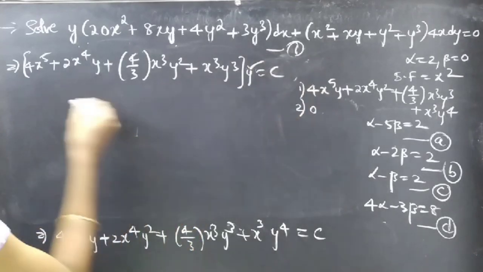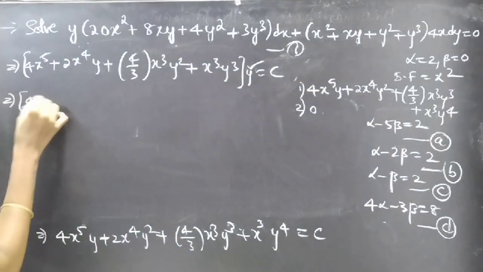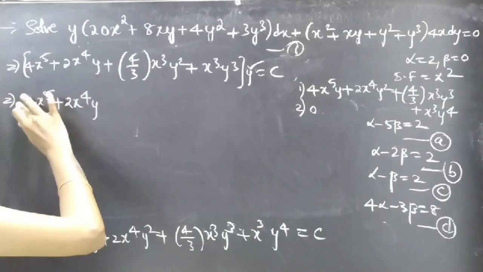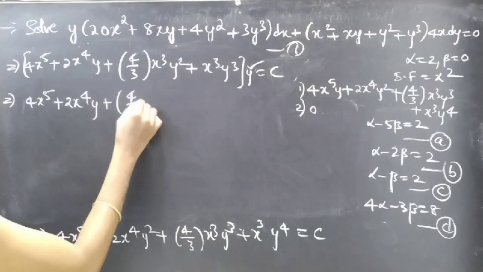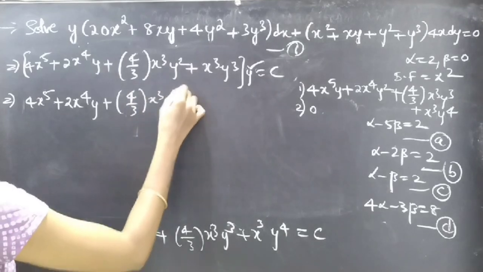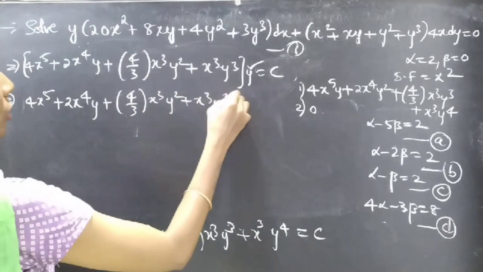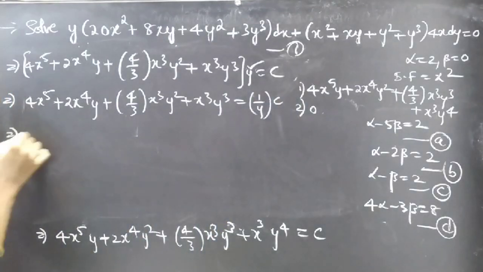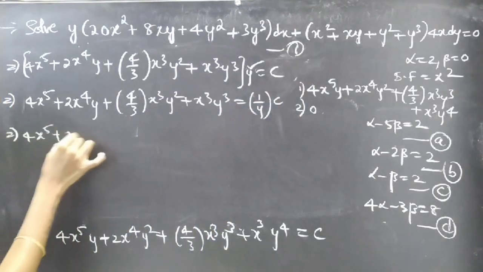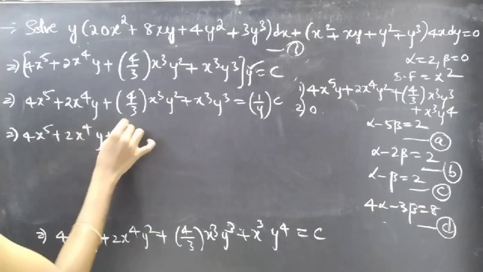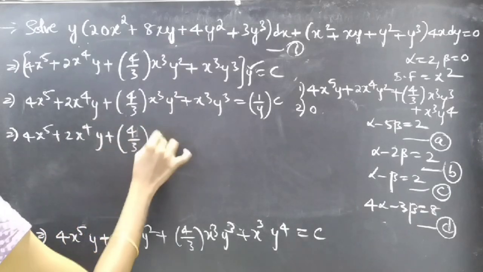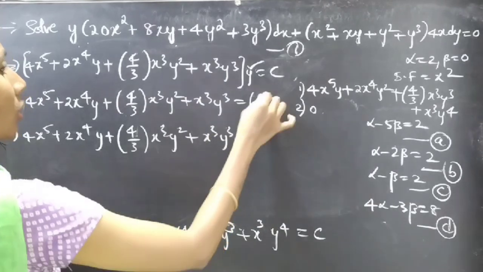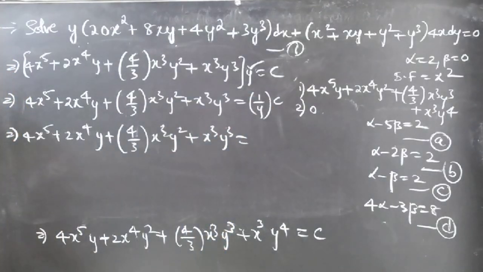Now take this c to RHS, you'll get 4x power 5 plus 2x power 4 y plus 4 by 3 x cube y square plus x cube y cube equal to 1 by y into c. We can write 1 by y as y inverse, right?